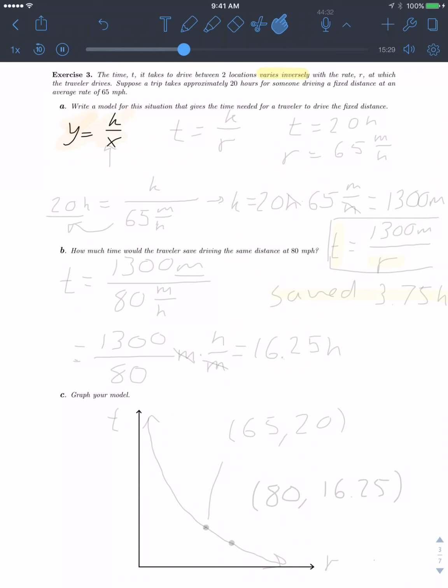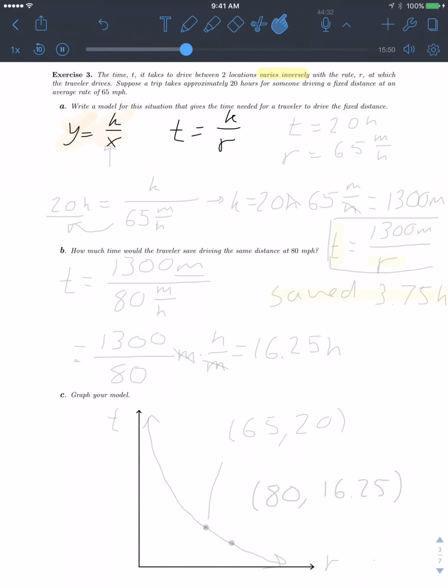Now in this case, we are told to use different variables. We have t instead of y, so we would say t varies inversely with r. So instead of x and y, we're going to have r and t respectively.